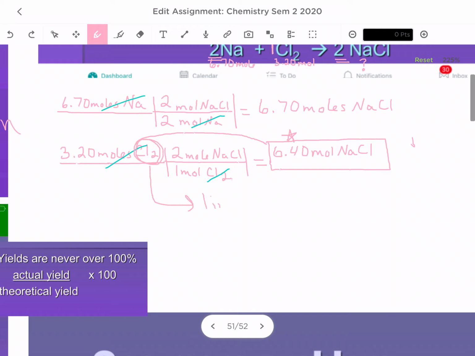So right there's your limiting reagent. Boom, done. Cl is the limiting reagent. Cl is limiting the production of NaCl in this example.